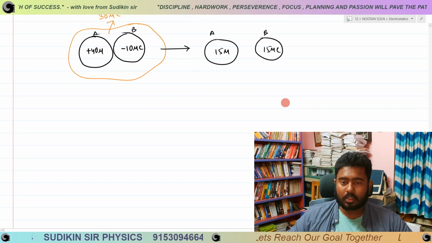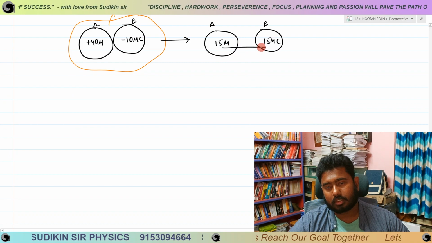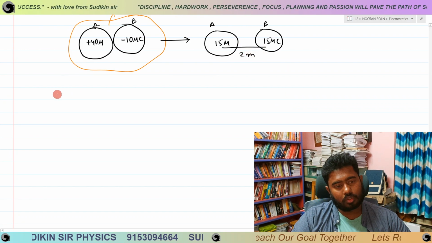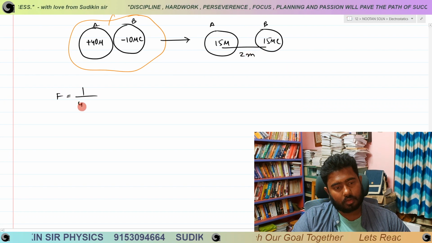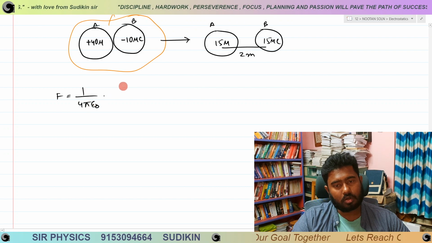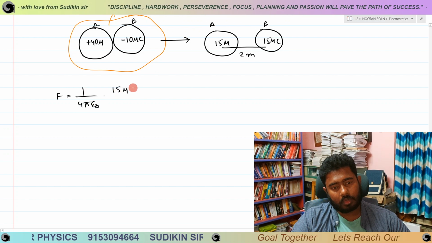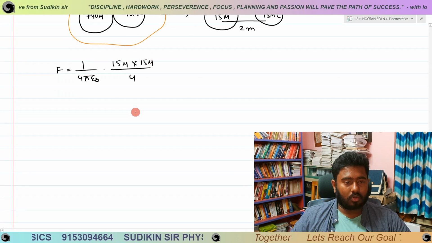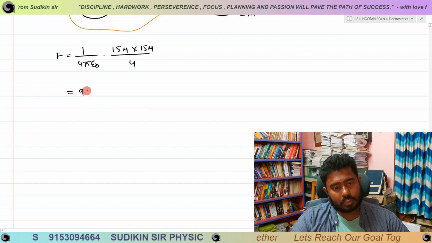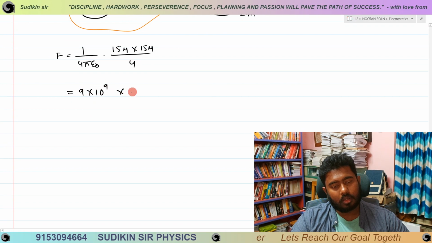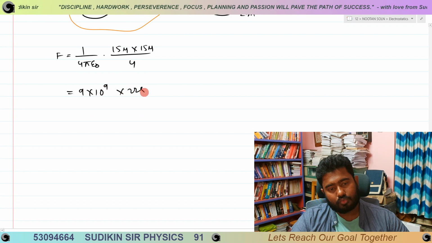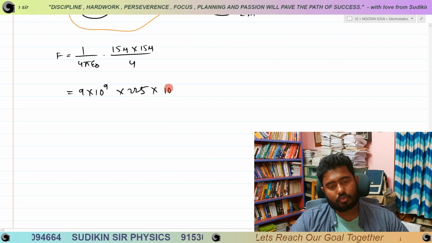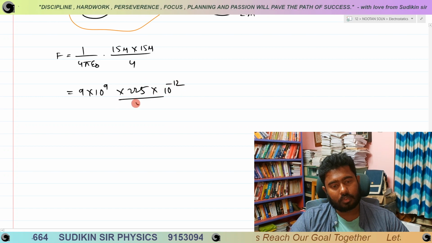Now it is said that they are again separated by the same distance, 2 meter. So the new force will be 1 by 4 pi epsilon naught q1 q2, that is 15 microcoulomb into 15 microcoulomb by 4. So the answer becomes 9 times 10 to the power 9 into 15 into 15, which is 225, into micro square, 10 to the power minus 12, divided by 4.